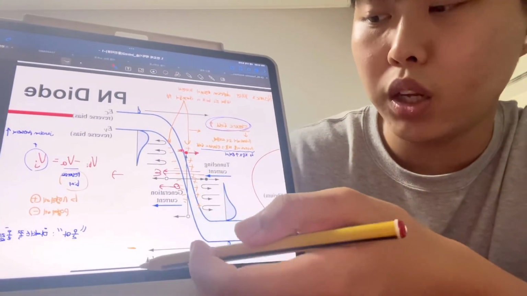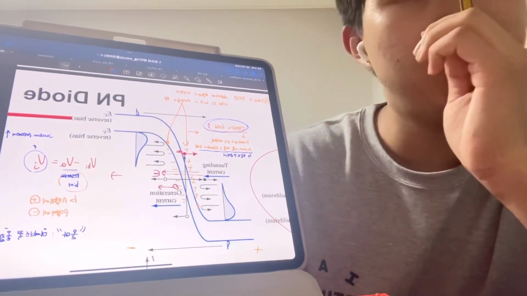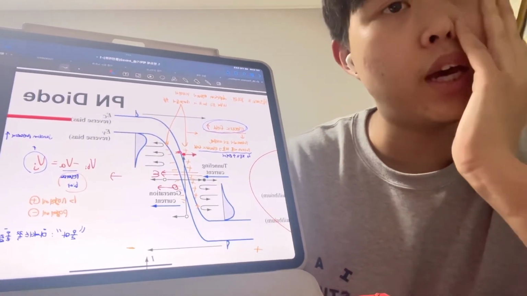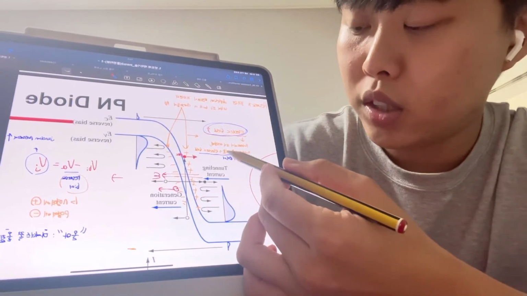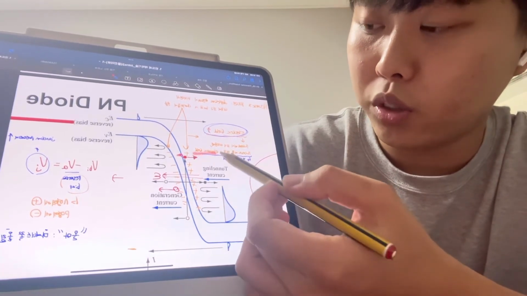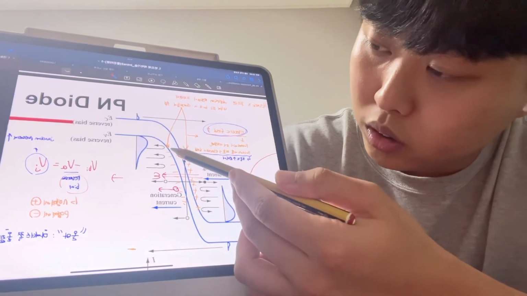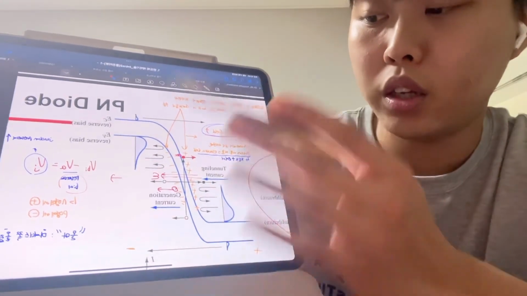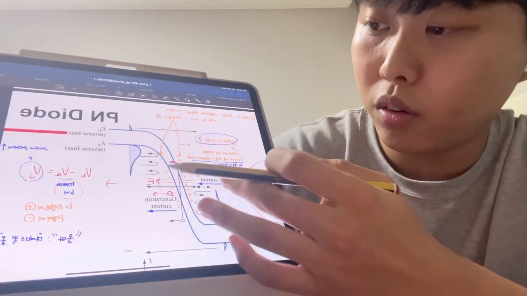How we can relate potential energy and electric field, I mentioned in the previous slide. If you differentiate the potential energy, you get the electric field. So you can see the slope increased a lot, so the electric field will be higher.